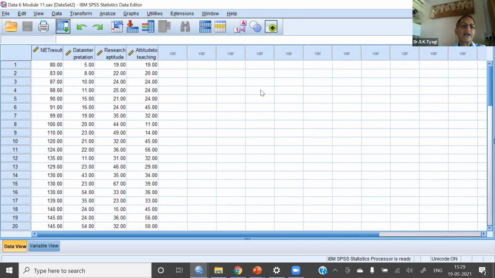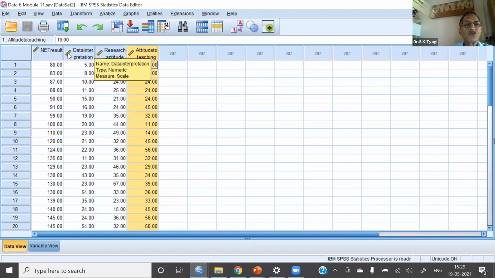And the three predictors are data interpretation, research aptitude, and attitude towards teaching. These are the three components of that exam, UGC NET.